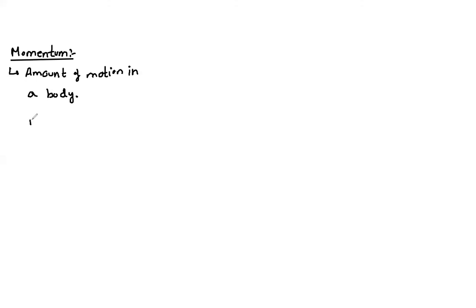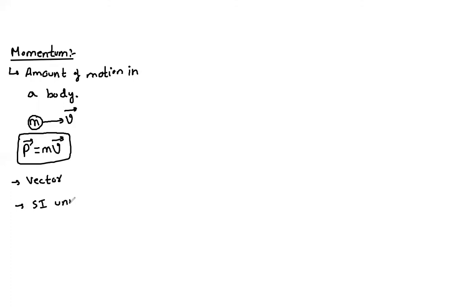So if you have a body of mass m, moving with a velocity v, the momentum is represented by p, which is the product of mass and velocity of the body. This is momentum. The product of mass and velocity. It's a vector quantity. Its SI unit is kg meter per second.